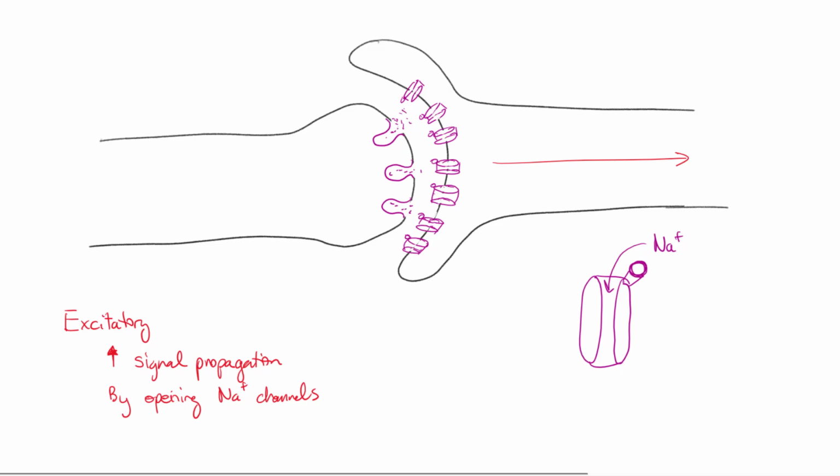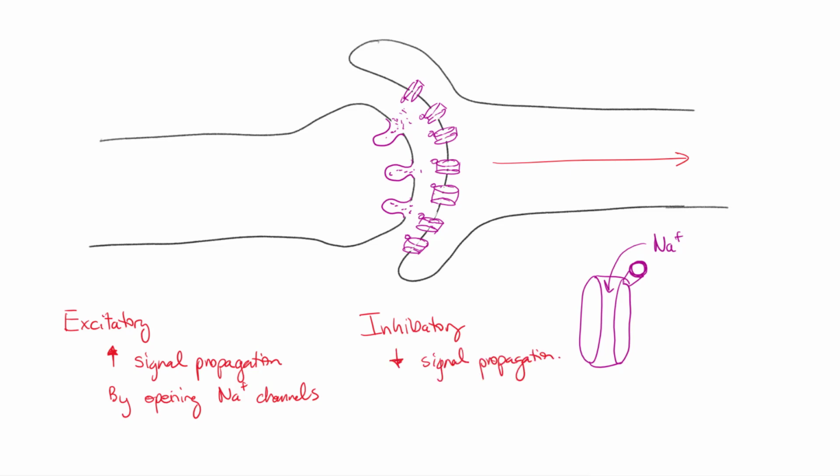We also have inhibitory, and this decreases signal propagation. What that does is it opens potassium channels or chlorine channels, which make it harder for the neuron to get past that threshold that we talked about in that last video.